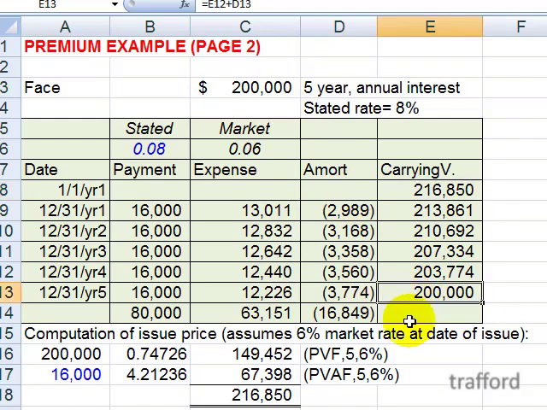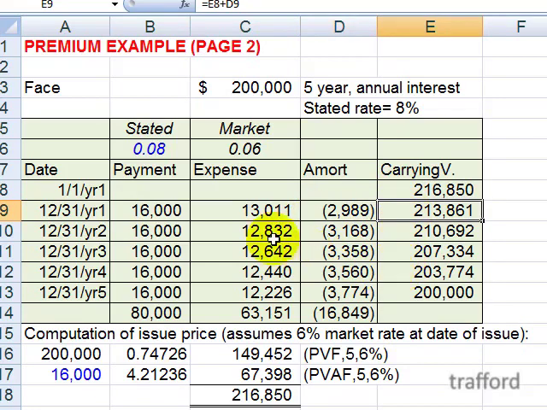We know it has to be $200,000 by the end of 5 years, so when a bond is issued at a premium, the carrying value gets smaller each year. So in this case, carrying value is last carrying value less the amount of amortization. So carrying value is $216,850 minus $2,989 or $213,861.